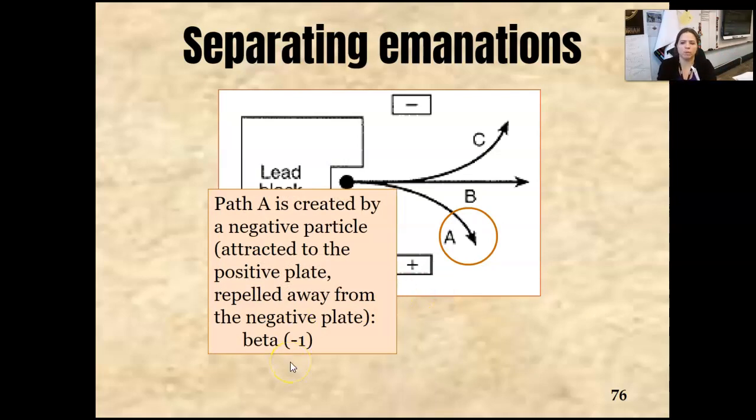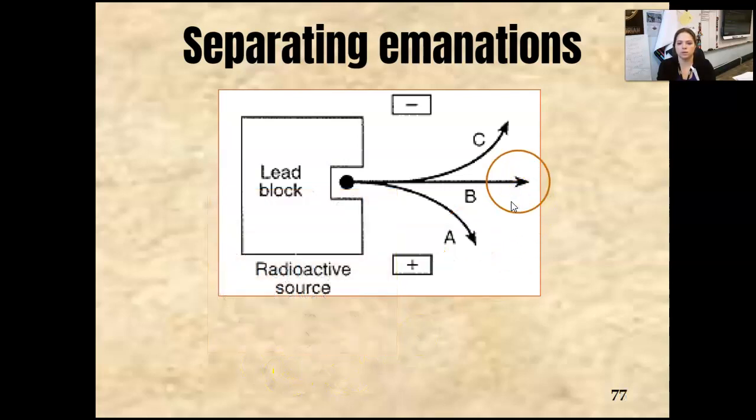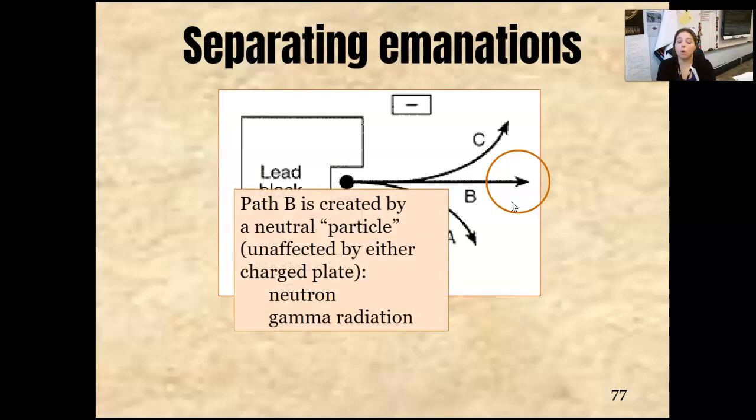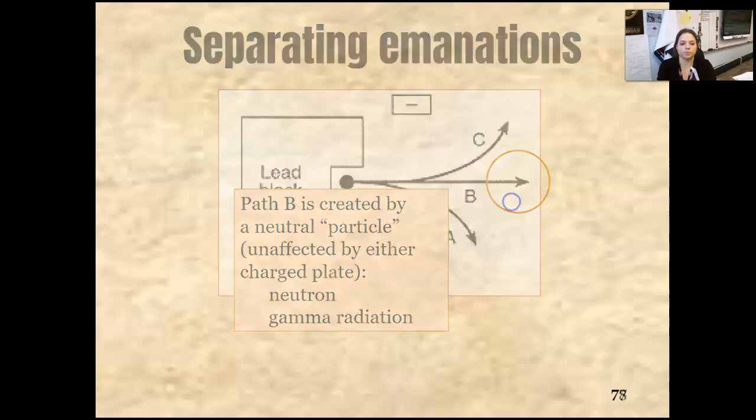It doesn't say electron here, but I would say electron. So path A is created by a negative particle attracted to the positive plate, repelled away from the negative plate. So there's the beta. Well, what about B? What's B? It goes straight through. It's got to be a neutron or gamma radiation because neither of them have a charge. They're not attracted nor repelled by either side.